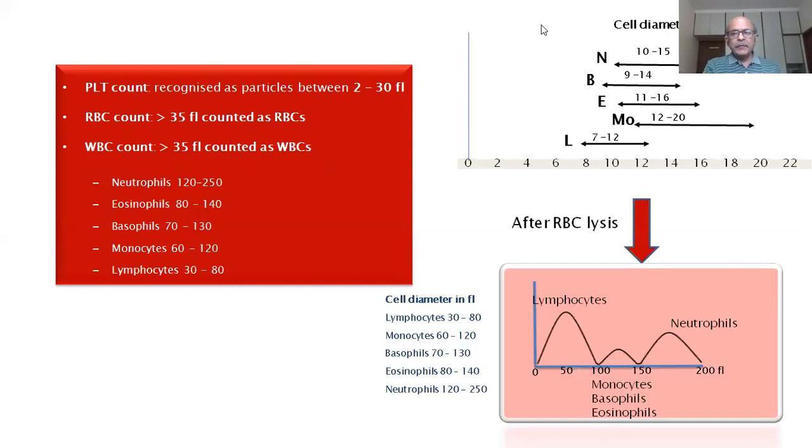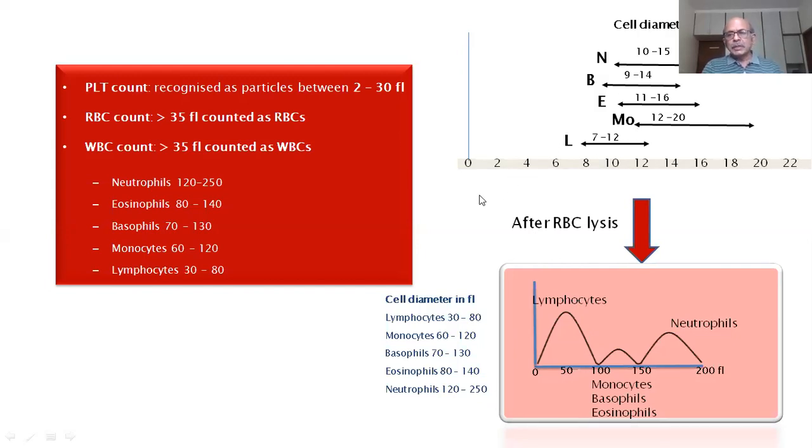In reality, if you look at the various sizes of various cells, the largest cell is the monocyte, the second largest cell is the neutrophil, and the smallest is the lymphocyte. But when it comes to the machine, the smallest is still counted as a lymphocyte, the largest is a monocyte, but the machine counts the largest cell, the cell which has more than 150 femtoliter, as the neutrophil, not as the monocyte, though in reality monocyte is the largest cell.